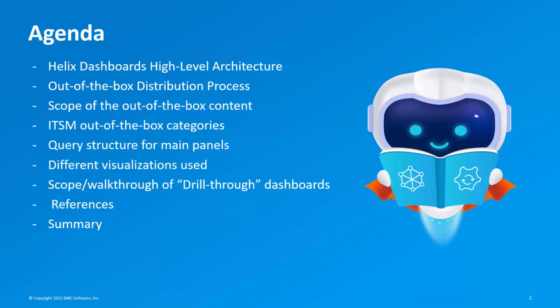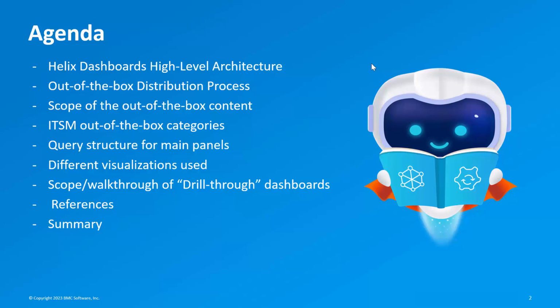The agenda for today: we're going to start with a high-level architecture of how ITSM communicates with Helix Dashboards. Then the out-of-the-box distribution process, the scope or intention of the out-of-the-box content, and the main six categories that we have on ITSM for the out-of-the-box reports.